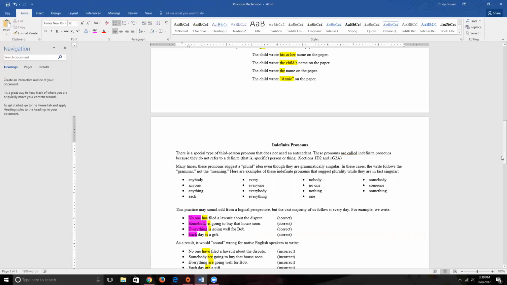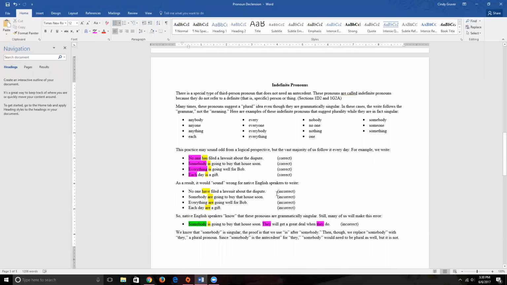Let's listen to it the other way, because it is going to sound weird to us. It's going to sound incorrect. If we actually heard someone say this, we might think they were drunk, or maybe English isn't their first language. No one have filed a lawsuit about the dispute. That doesn't sound right to us. Somebody are going to buy that house soon. Again, doesn't sound correct. We know what they mean, but it doesn't sound the way we expect.